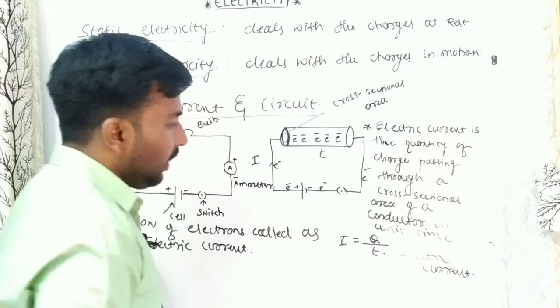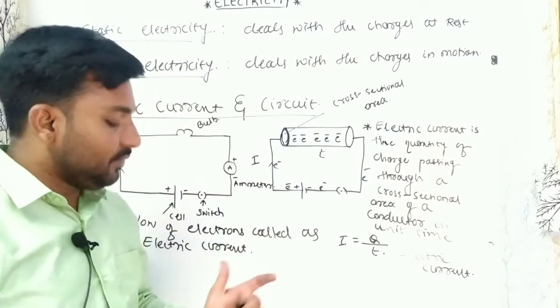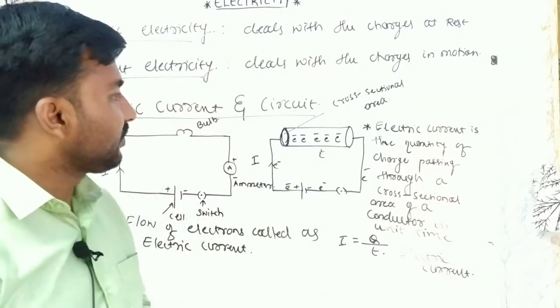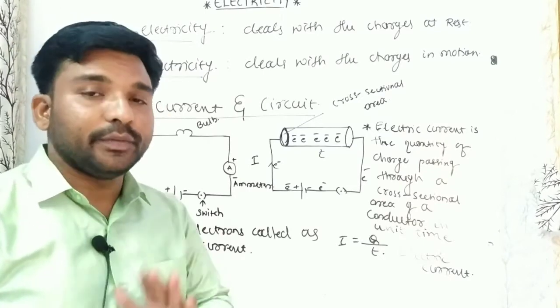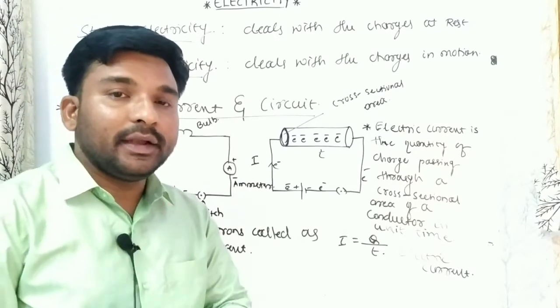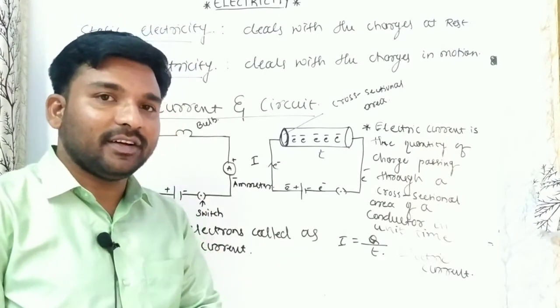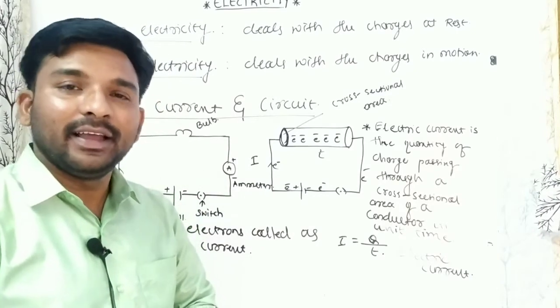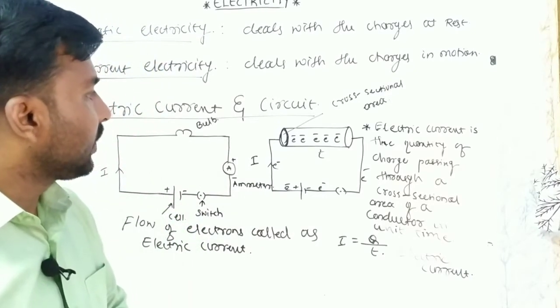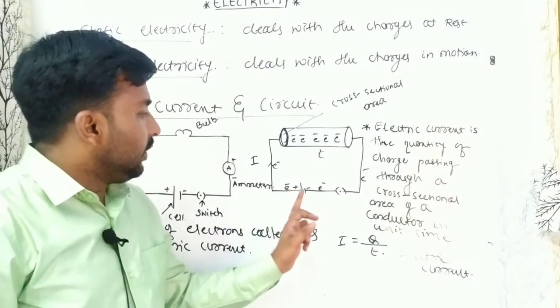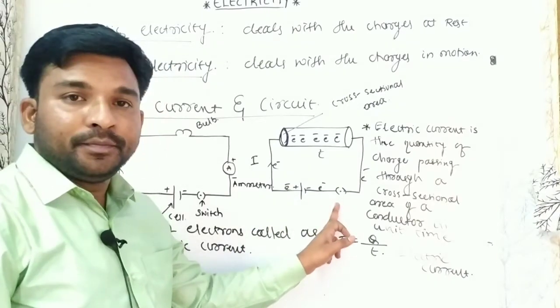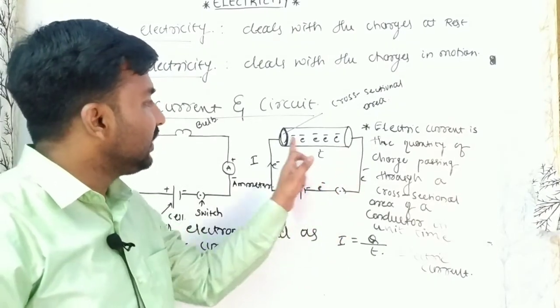Now here, in a conductor, who will carry the electric charge? Electrons will carry the electric charge. When the switch is on, these electrons are in motion.